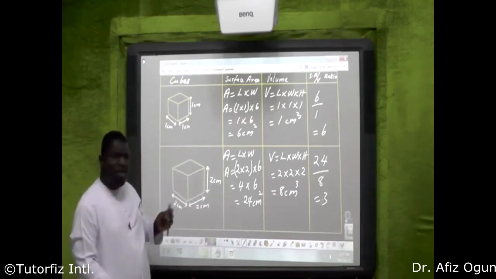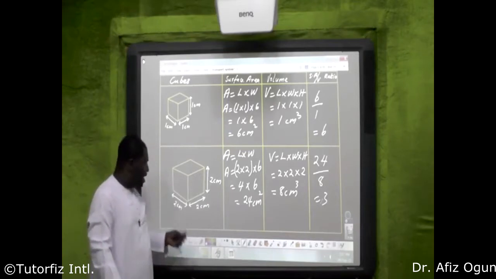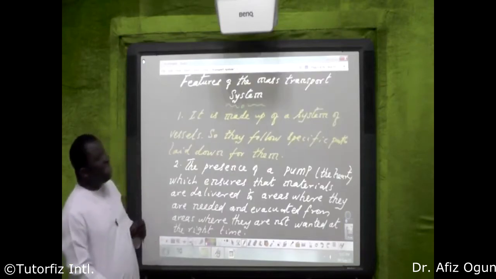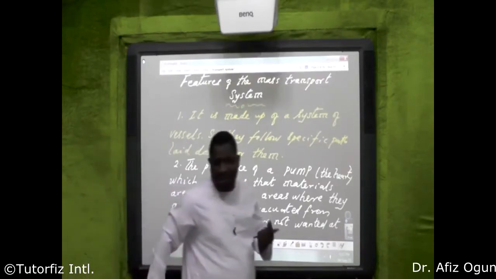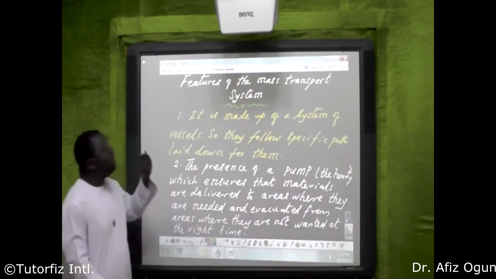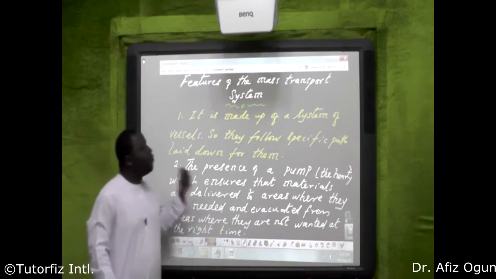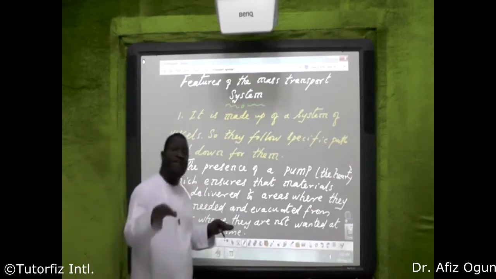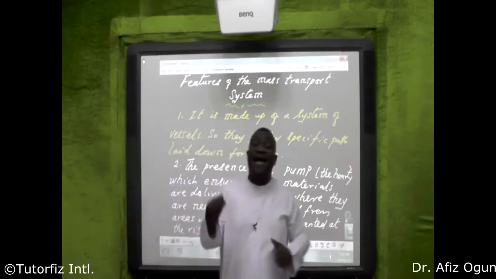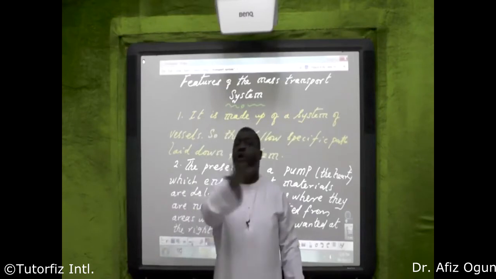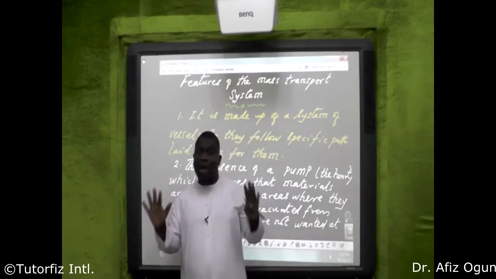Now, let's look at the features of this system. 1, it is made up of a system of vessels, as I told you earlier. So how does that help? They follow specific paths laid down for them. This ensures that the materials they move get to all parts of the body where they are needed.